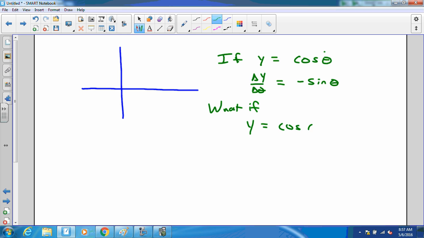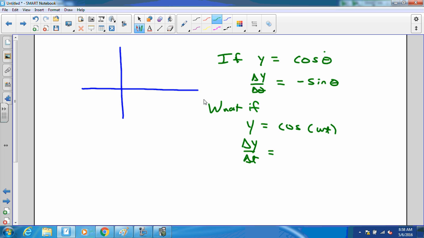y is equal to cosine of omega t, which is what we have over in our flux equation. Then what would the rate of change of y with respect to time t be? To get at that, I want to appeal to an idea that you learned from Miss John: if I multiply on the inside by omega, what does that do to my graph?